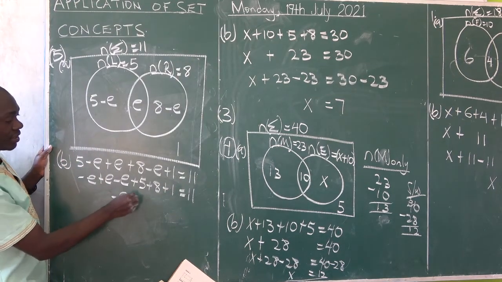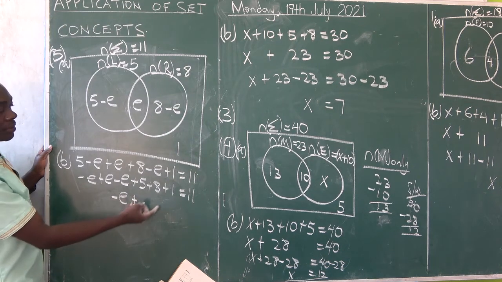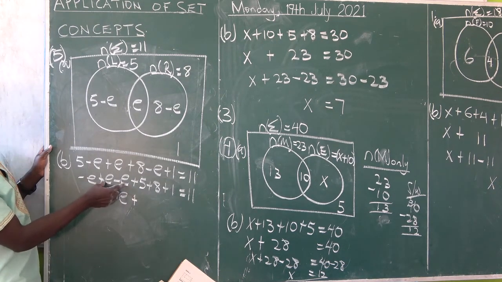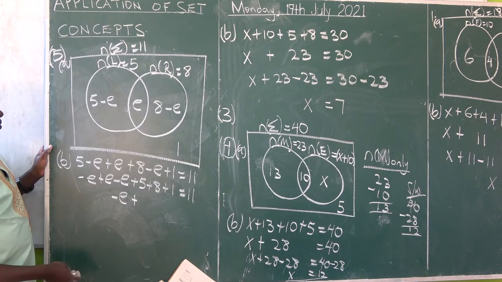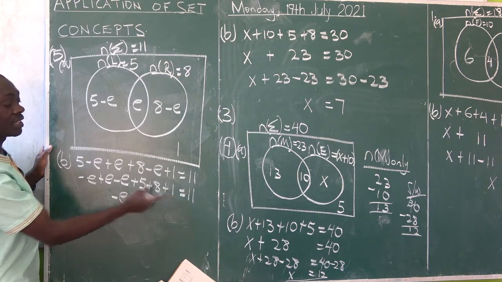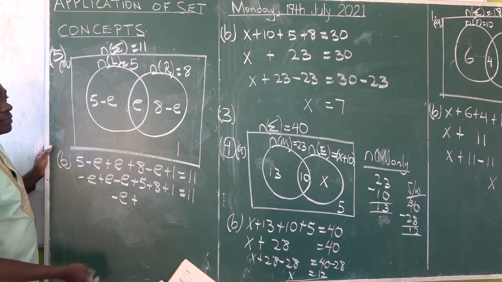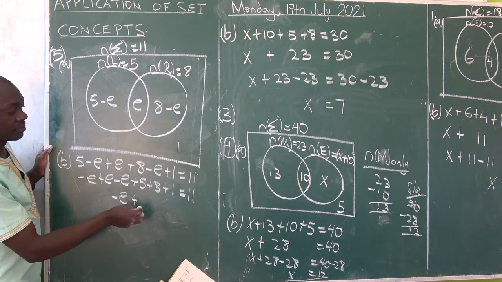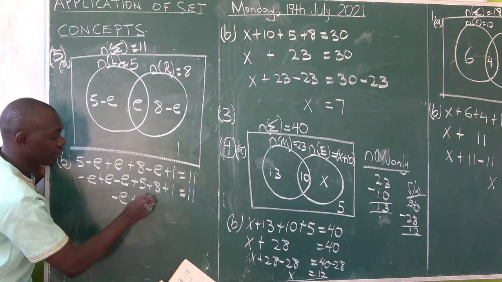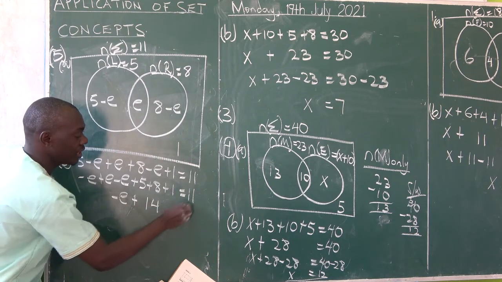Negative e, plus 0, leave the 0 alone. Add this plus 5, add them, get one number out of them: plus 14 equals 11. Okay, plus 14 equals 11.